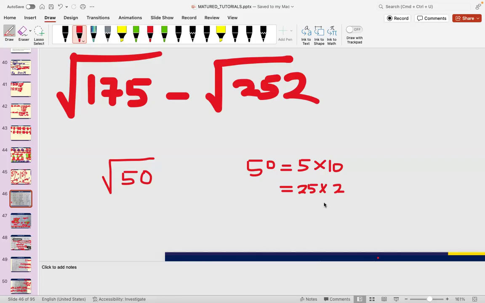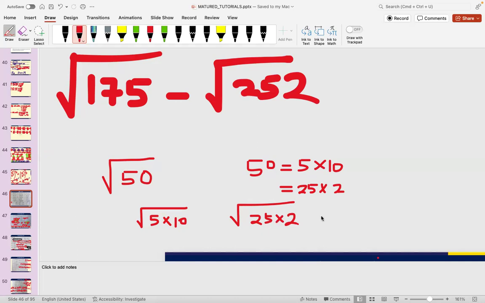So the question is, if I put these two under the square root sign, which one will reduce the 50 for me? In other words, if I write square root of 5 times 10, and I write square root of 25 times 2, which one will be simple?